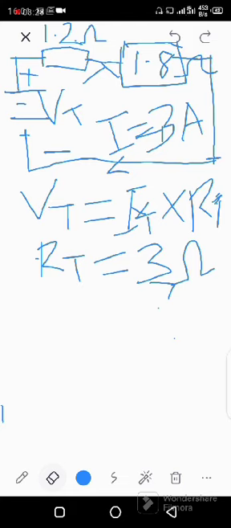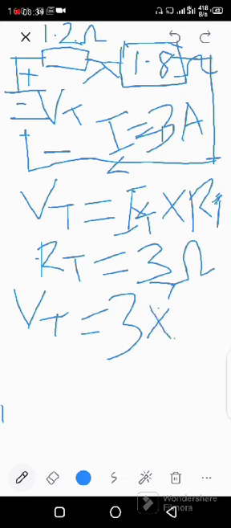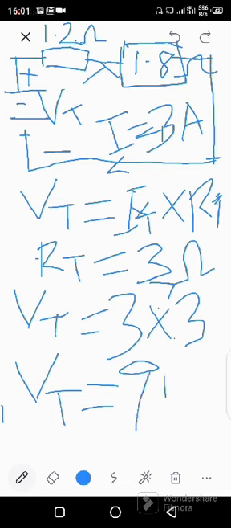So total voltage is equal to total current, 3, times our total resistance, 3, which gives us 9 volts.